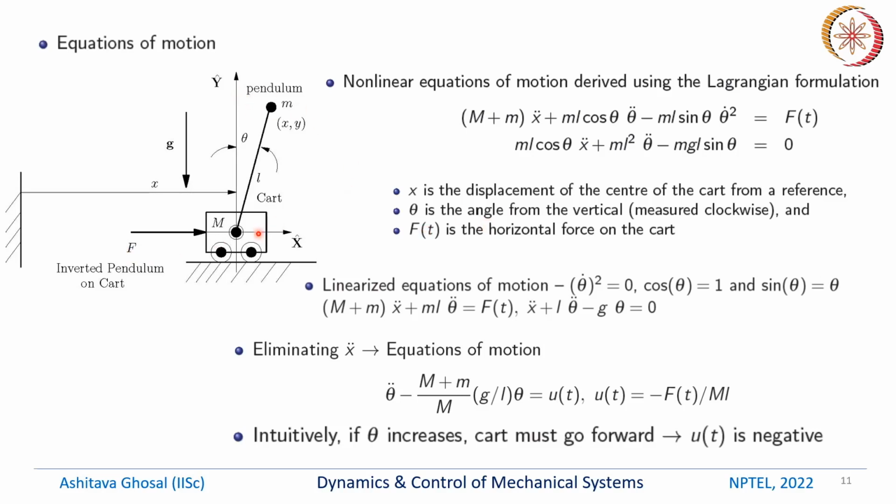When it is falling this way, the cart should move forward. Anybody who has tried to balance a stick on the palm can see that if the stick is falling away from you, then you have to move the hand away from you, and the opposite. So in some sense, this minus f(t) divided by m L makes sense.